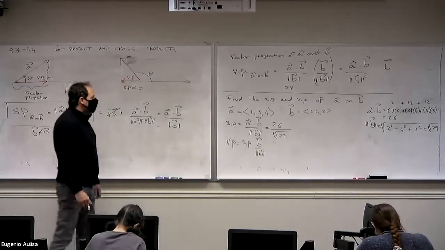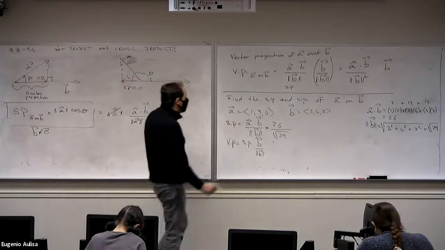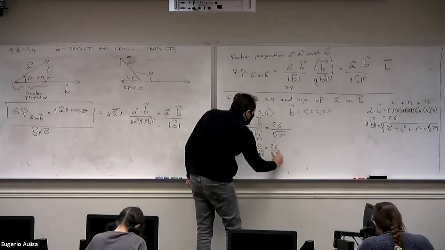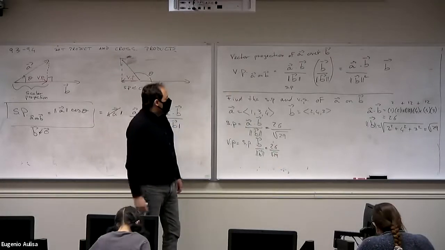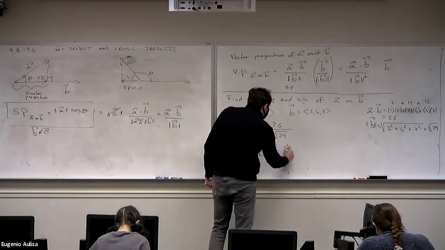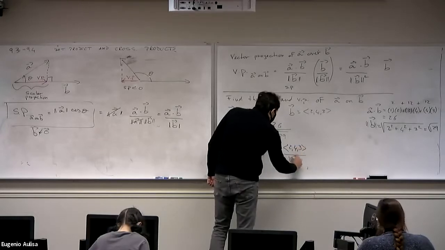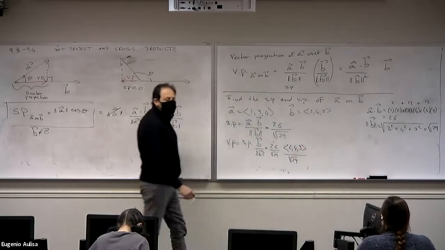So it's going to be the number that we just got, 26 over square root of 29, times B, which is 2, 4, 3, divided by another square root of 29.